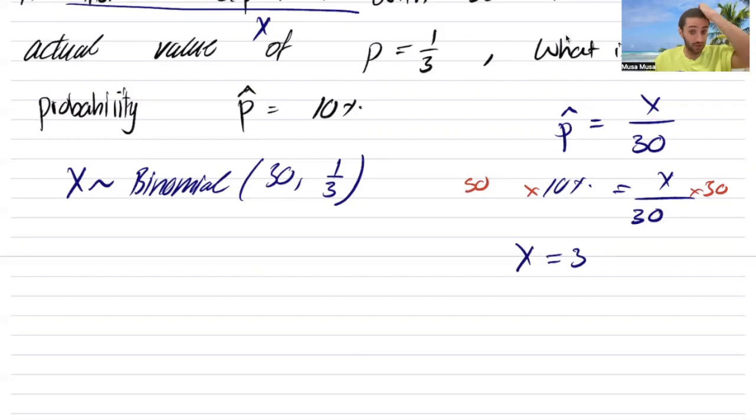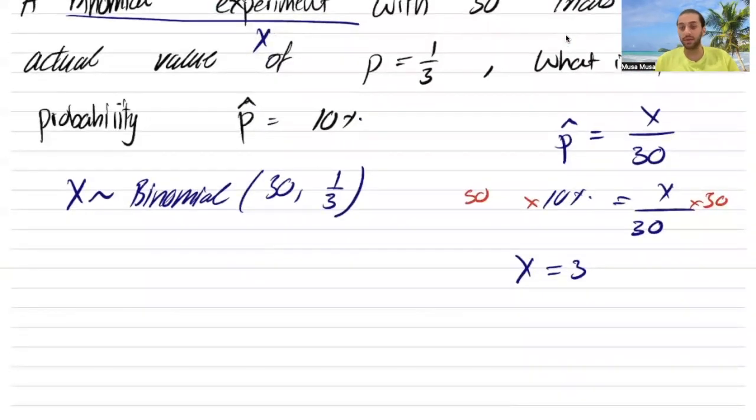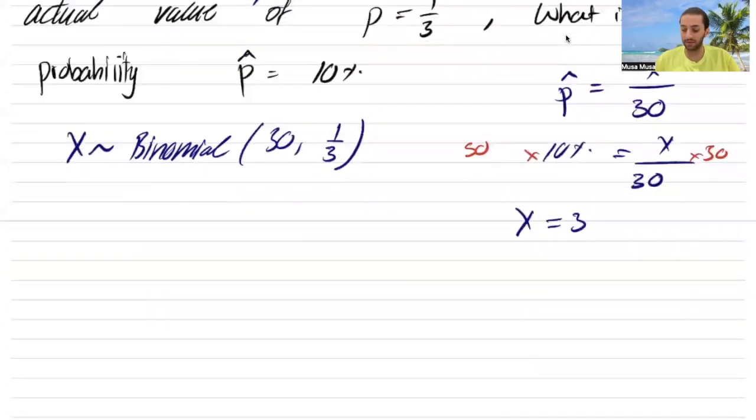So an easy question like this, you just ignore all of the extra buffer and say, well, if the sample proportion is 10% and you did the trial 30 times, that means that 3 of them must have been successes. So then you say, okay, well, what's the probability that you have 3 successes? Now you can just ignore the p hat. You've sort of dealt with it.